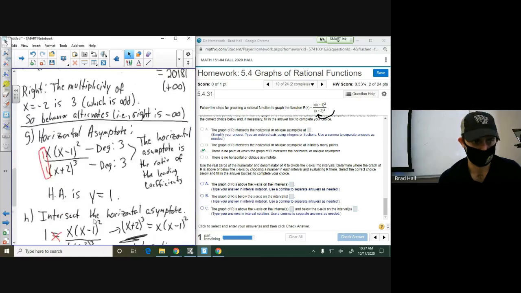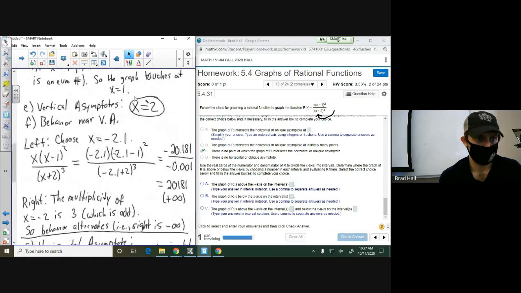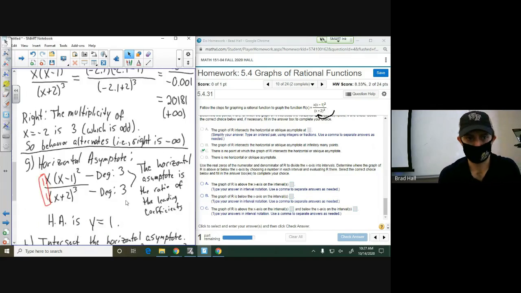Let's scroll up and find that. At the vertical asymptote of -2, on the left side it went to positive infinity, which is above the x-axis, and on the right side, negative infinity. So to the left of -2, positive infinity. To the right, negative.